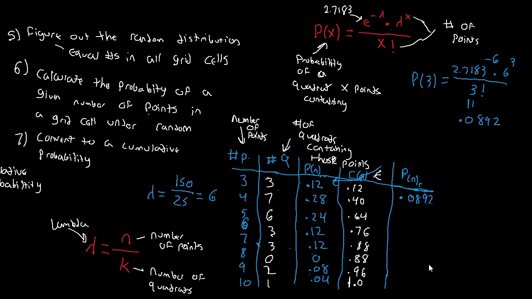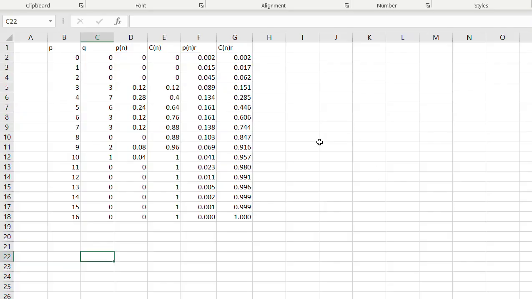So what I want to do now is switch over to an Excel sheet because this is getting a little bit messy, and that way we can see things a little more clearly. Okay, so this Excel sheet has the exact same information that we just talked about. I've made one small change. I've added the values 0, 1, and 2, even though we didn't have quadrats for them, as well as extending from 11 to 16.